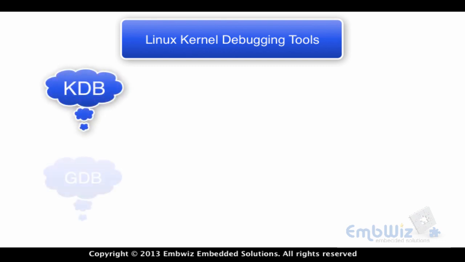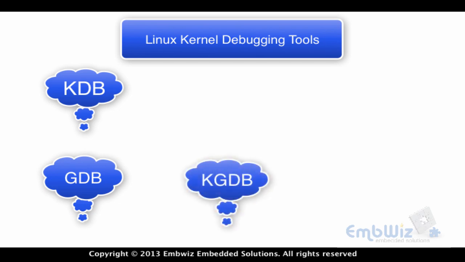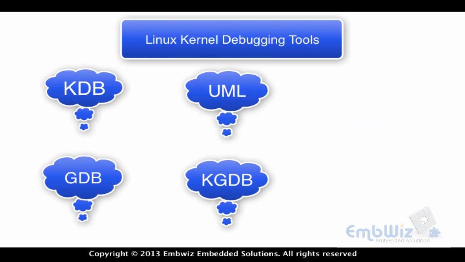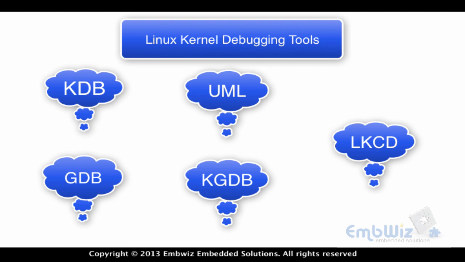We have GDB, and we have KGDB. In case you have done it before, it's good. And we have UML, and we have LKCD, Linux kernel crash dump. We are going to look at how to use UML and how to use GDB in our demo session.